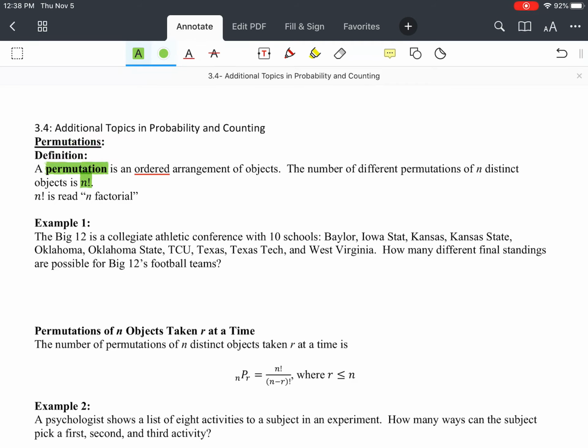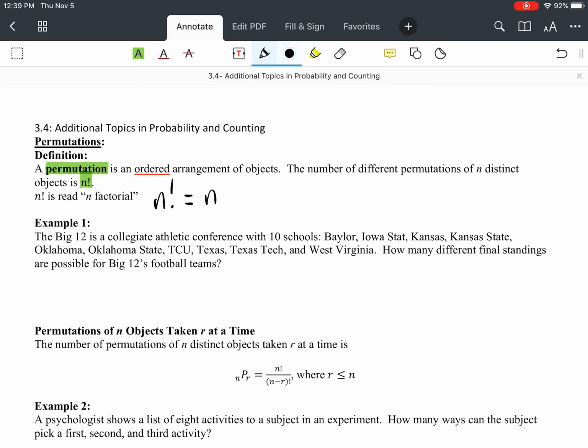The number of permutations of n distinct objects is denoted with the symbol n with an exclamation point, and it's read as n factorial.